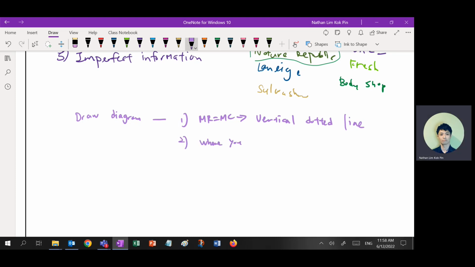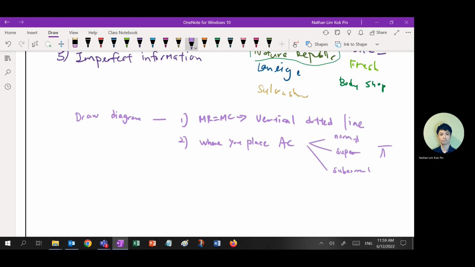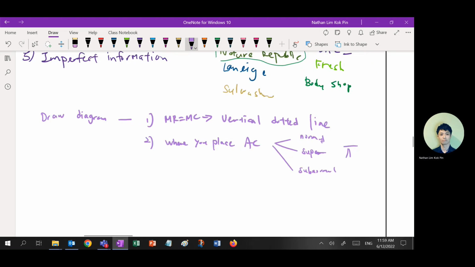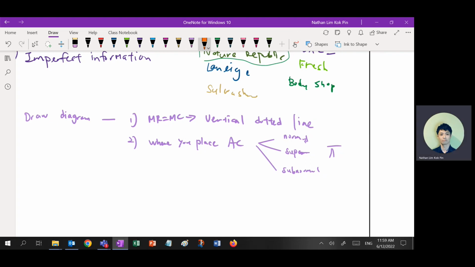Number two, where you place your AC. This will determine whether they are earning normal profit, supernormal profit, or subnormal profit. Normal profit, the AC must be tangent.